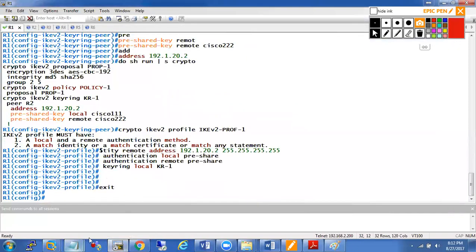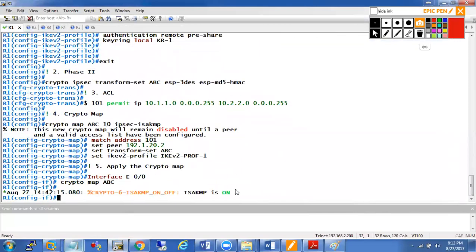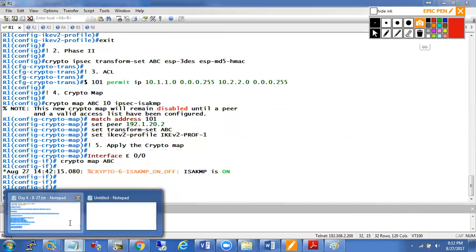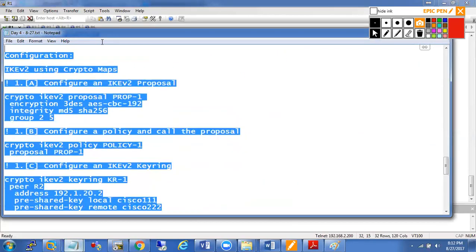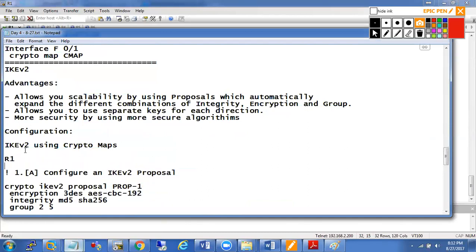So let's go ahead and do that over here. Everything looks good. All right, so with this done, I can just copy the whole config, including phase 1, for router 2.